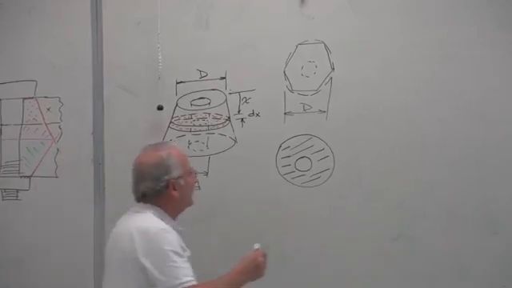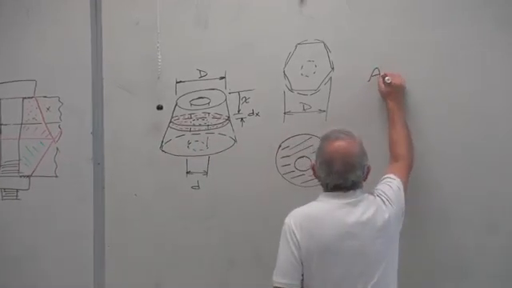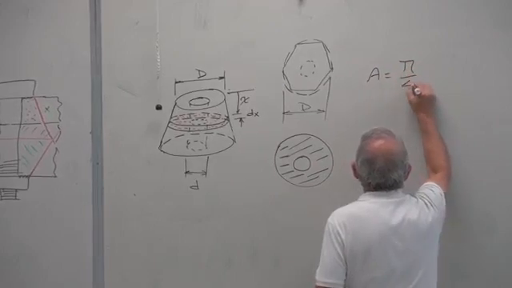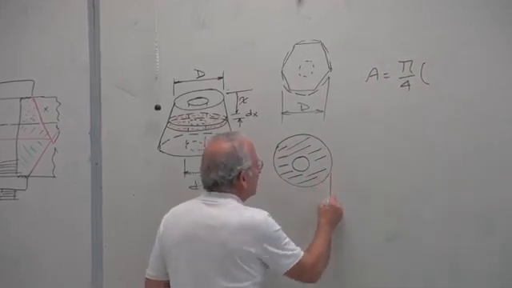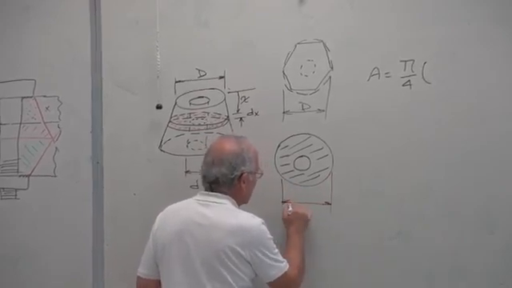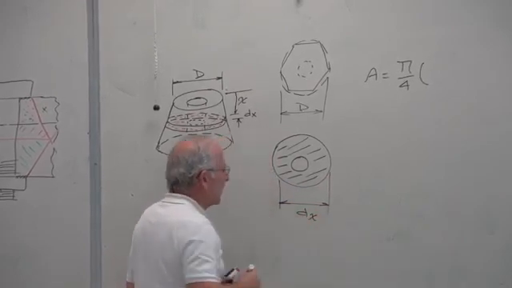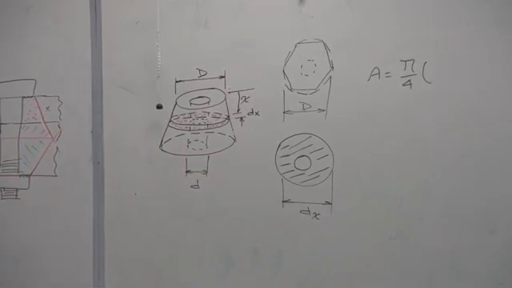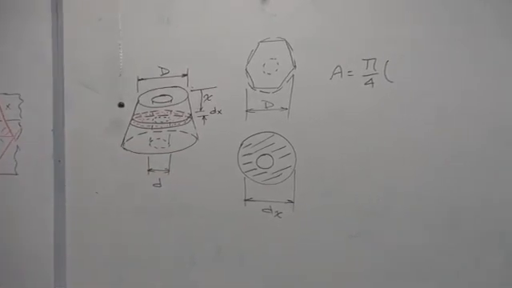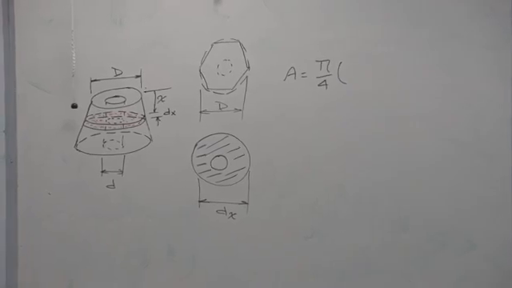That area A is equal to pi over 4 times, call this distance d sub x, the diameter of this distribution at distance x from the top.